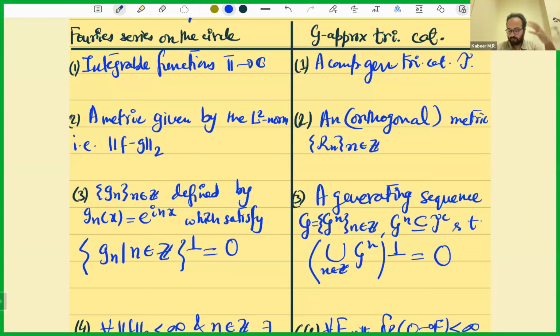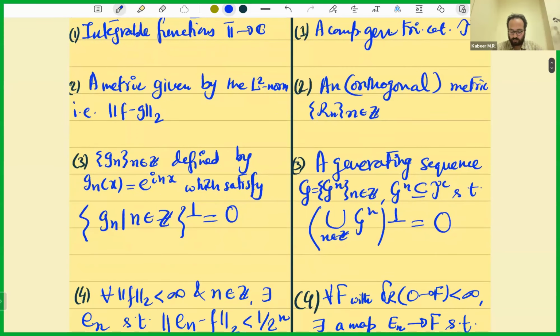On the right-hand side, we have what I call a generating sequence. Again, the definition is pending, and I'll come to it in a bit. But these are in particular a set of compact objects such that their orthogonal is 0, so the union forms a compactly generating set.